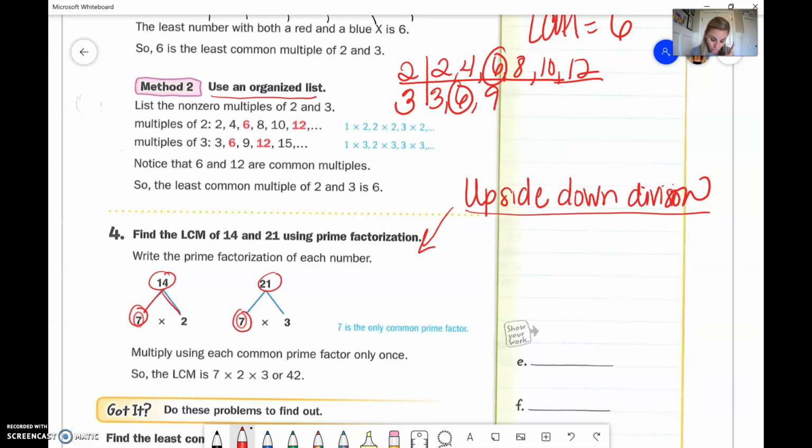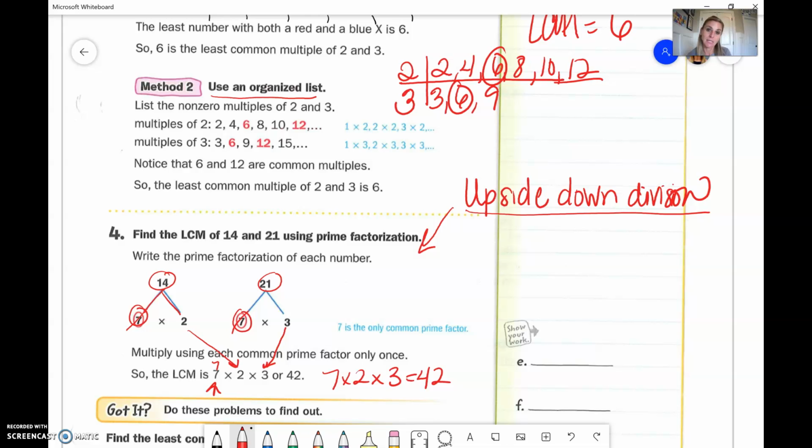You're going to take just one of those 7s that they have in common and place it down here. And then you're left with a 2, and they've placed that here, and you're left with a 3. So then you take those numbers, 7 times 2 times 3, and you get 42 for your least common multiple.